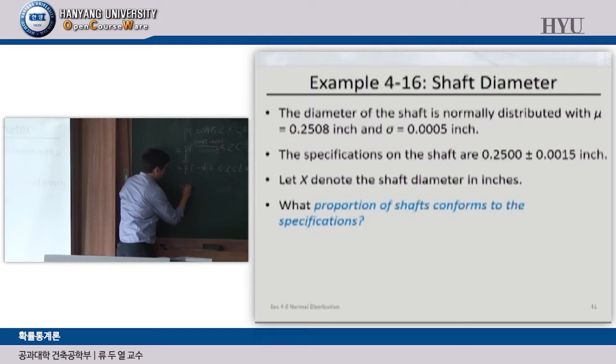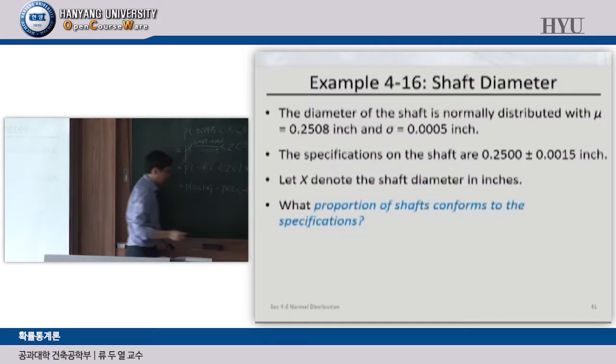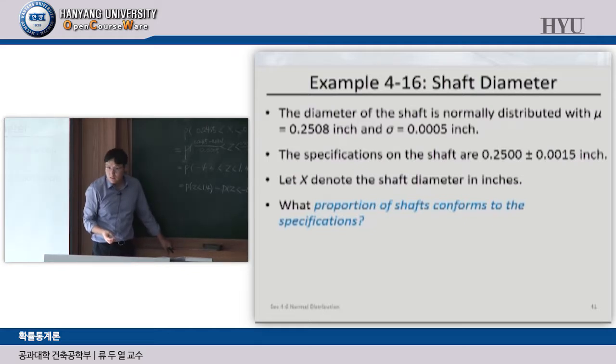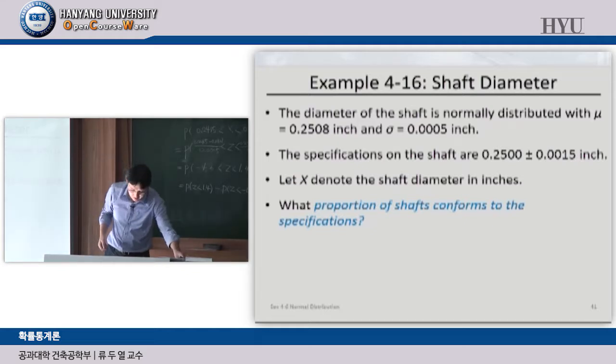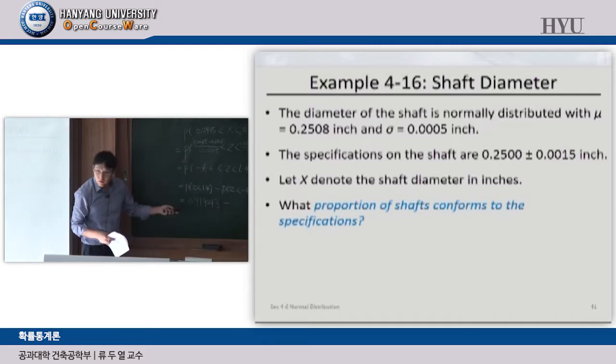This will be the probability of z smaller than 1.4 minus the probability of z smaller than minus 4.6. And this value will be 0.919243. And what about this one?